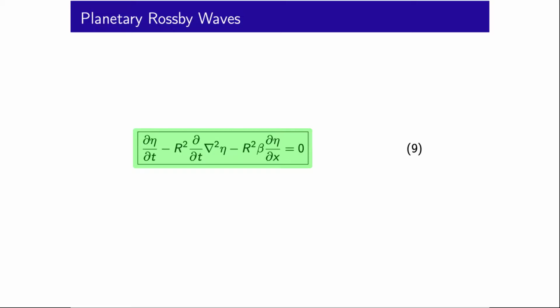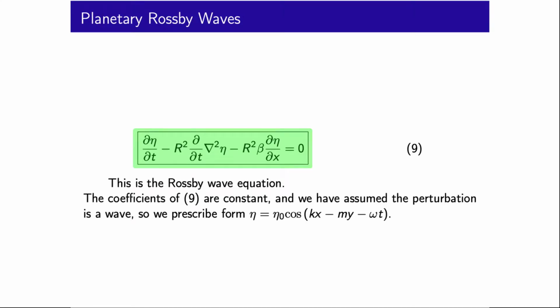Recall that we can consider the small ageostrophic perturbations as a wave with zero time mean component. This allows us to give them the form of eta equals some reference eta times the cosine of kx minus my minus omega t, where k and m are the zonal and meridional wave numbers, respectively, and omega is the wave frequency.